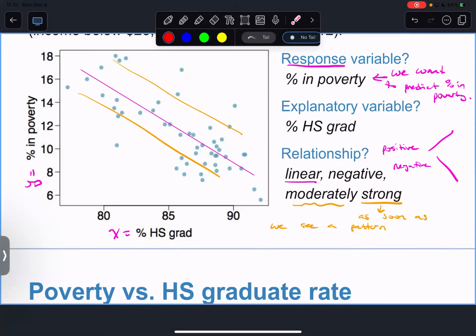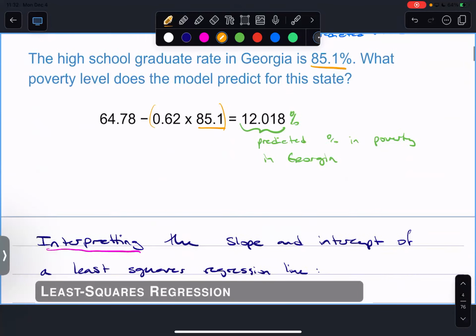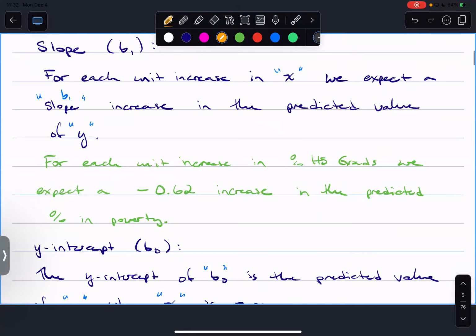And so I guess I'm giving it all away, but that's what we call an extrapolation when we're using this line. Lines continue forever, negative infinity, positive infinity, but we built this line off of just values between, let's say, 75 and 95-ish. So it's only reliable on that short stretch. That's, I guess, way later in the slides, but that's the part.